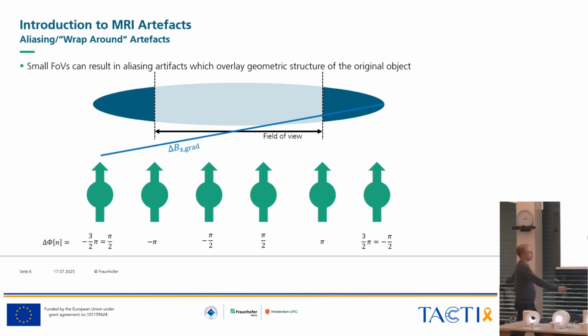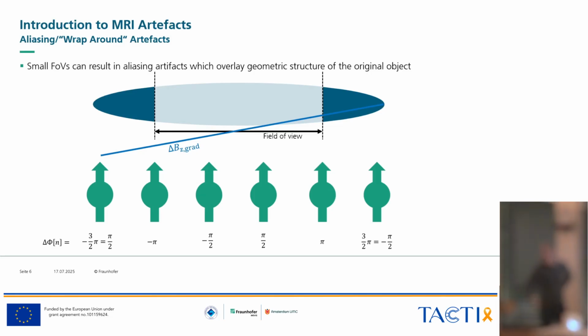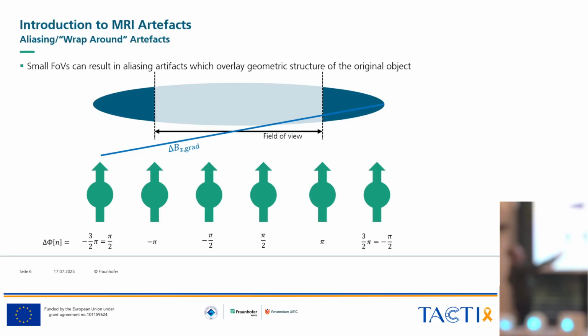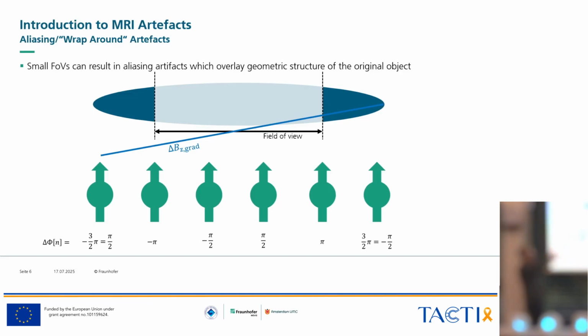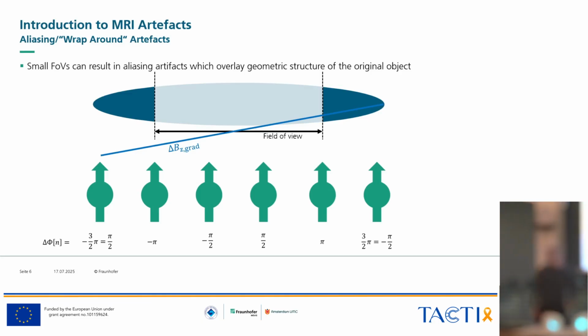At the edges you would have minus pi and pi for the increment with each step in k-space that you acquire. And for those spins which are outside the field of view, you are at pi, you would just go one farther around. And then you again get a phase increment of pi divided by 2 for this one, and minus pi divided by 2 for the one on the other side.